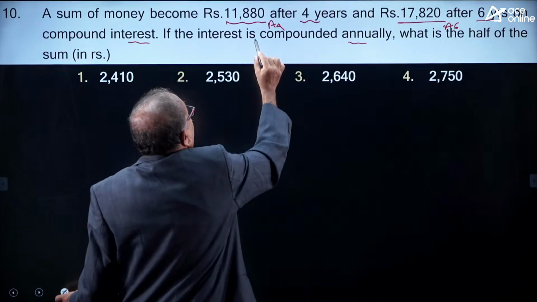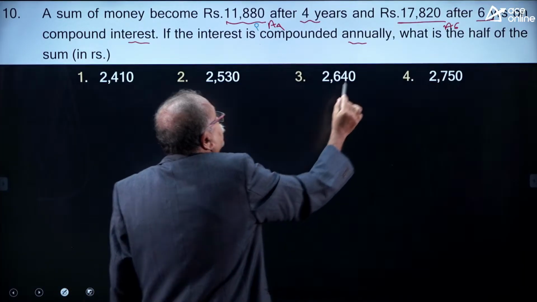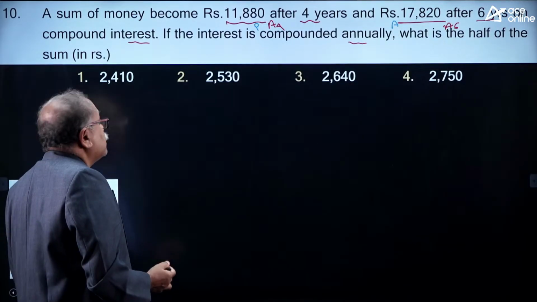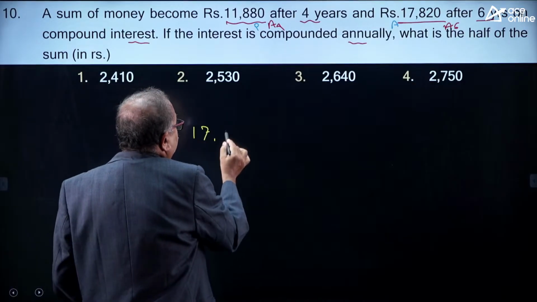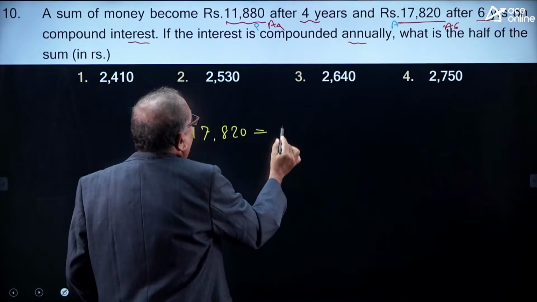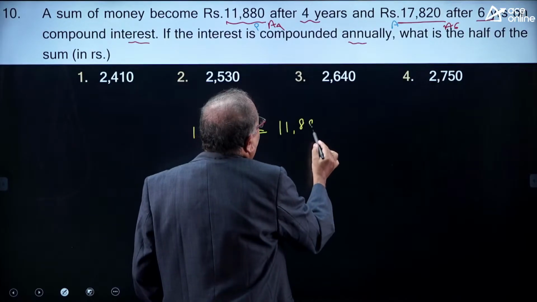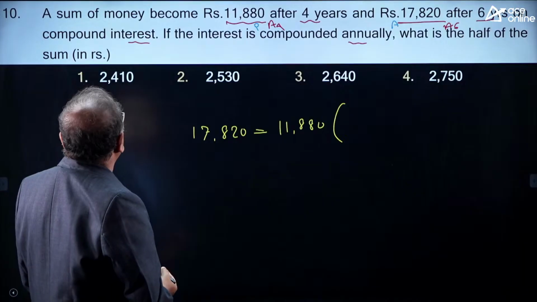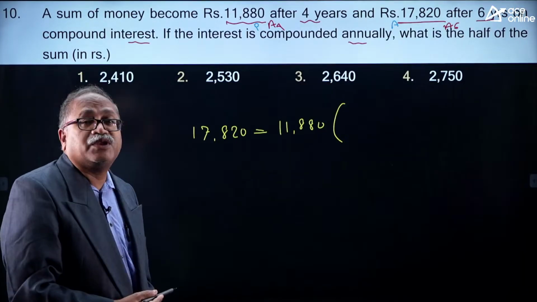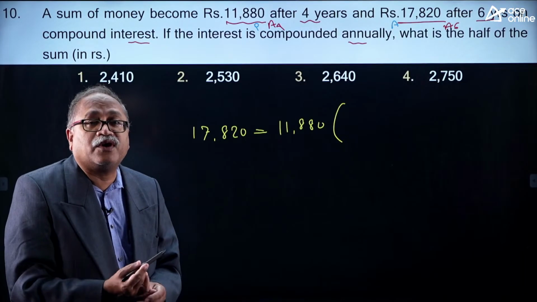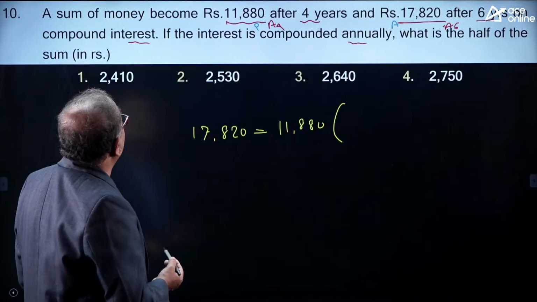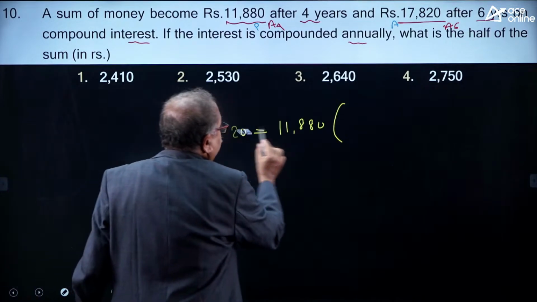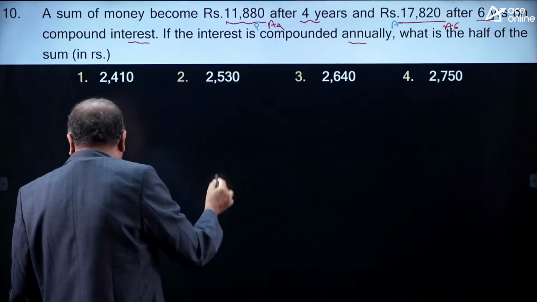This is principal and this is amount, and the way we did it earlier, 17,820 is equal to 11,880 into 1 plus, I need to find out, okay, here I need to find out the principal because I need the half of the principal. Here the rate of interest you will get. So this is not the way to answer this particular question because you are not getting the principal over here.